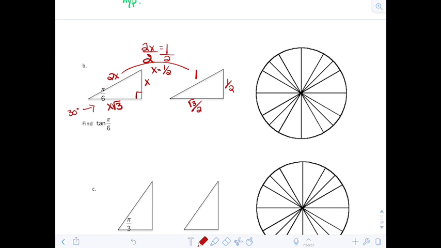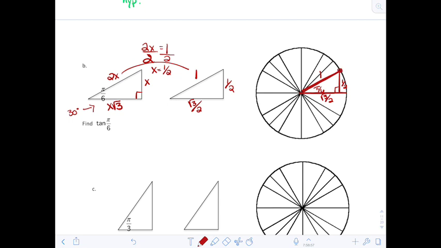Okay, so now that we have those values with a radius of 1, we're going to write and superimpose this angle onto our unit circle. This is for pi over 6, or 30 degrees. I know that the hypotenuse is 1, this side is 1/2, and this side is the square root of 3 over 2.